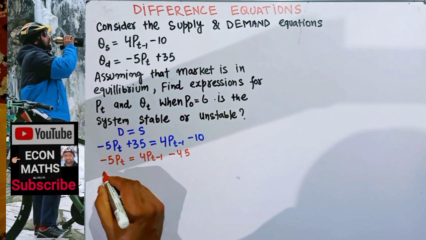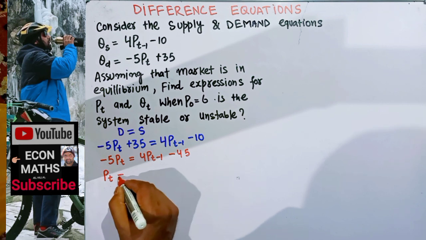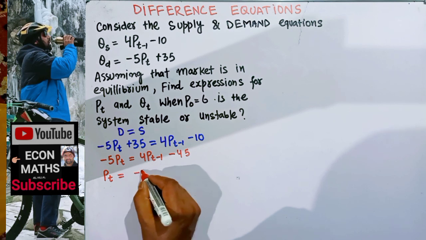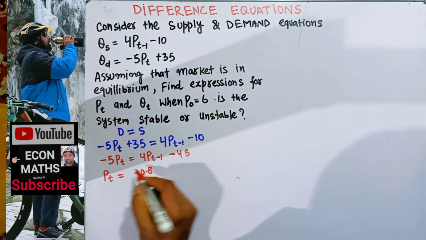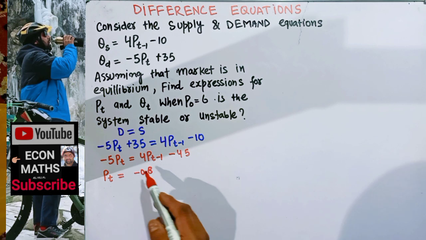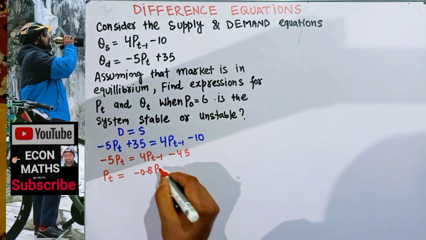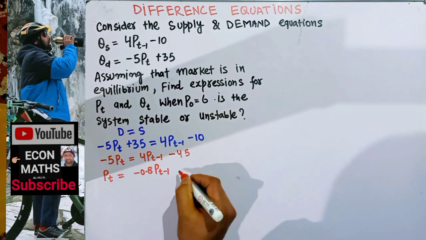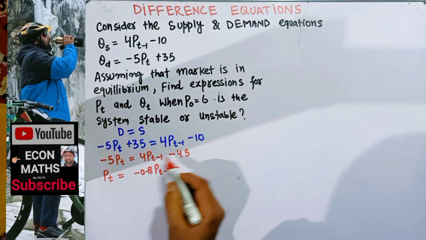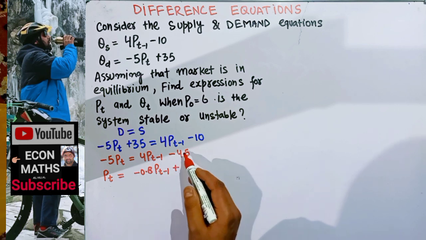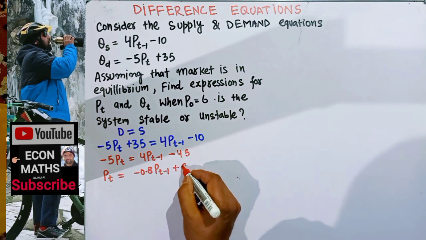That gives us pt will be equal to 4 upon 5, which comes out to be minus 0.8. If I divide by minus 5 on both sides, I will get minus 0.8 p subscript t minus 1 plus, because minus into minus is plus when dividing by minus 5, 45 divided by 5 is 9.